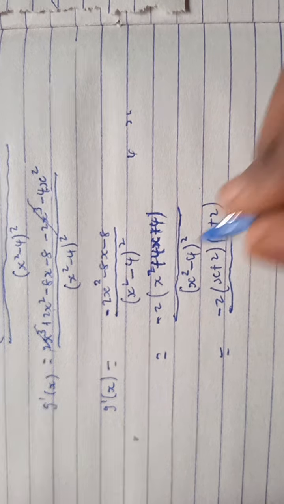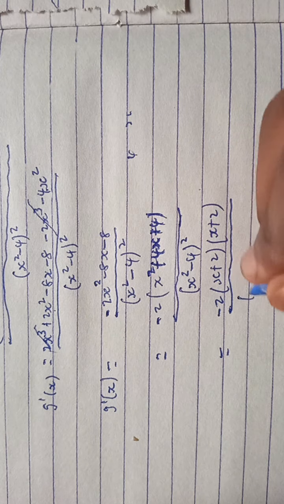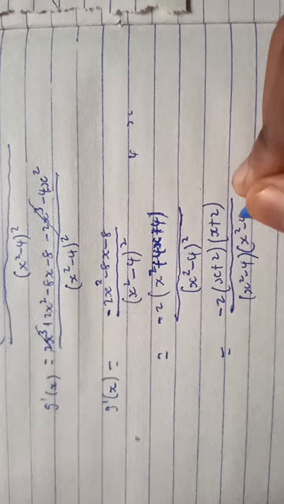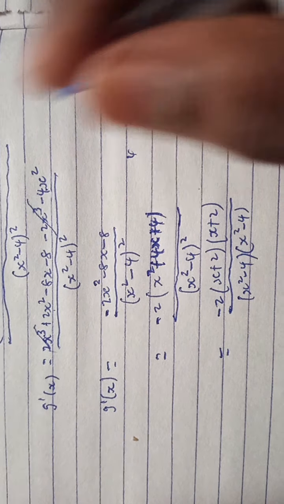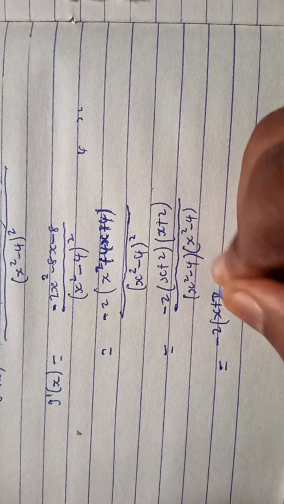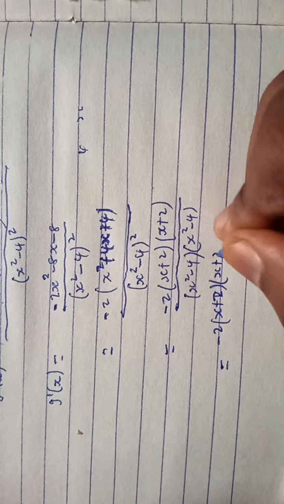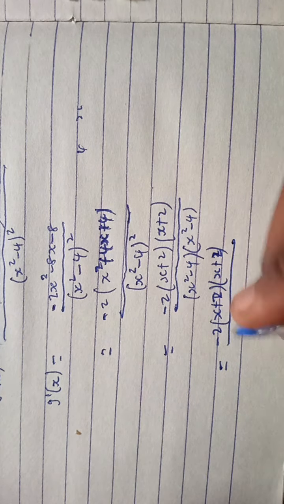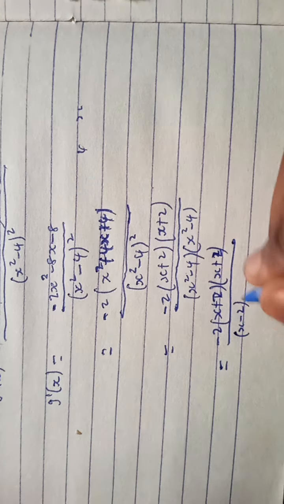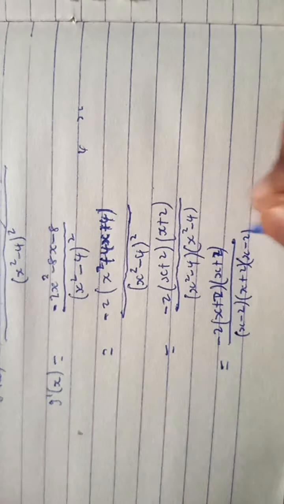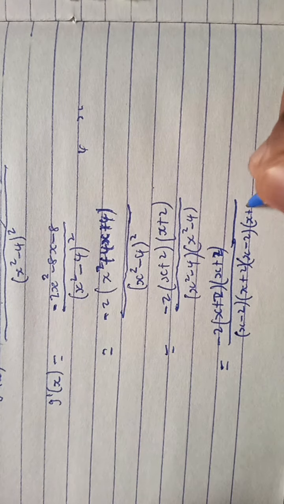This will be all over, then this one, we can have it as x squared minus 4 in one bracket, x squared minus 4 in another bracket. Have you seen that, guys? So this will actually give us minus 2 multiplying by x plus 2 multiplying by another x plus 2, then all over the difference of two squares here: x minus 2, x plus 2, x minus 2, x plus 2.